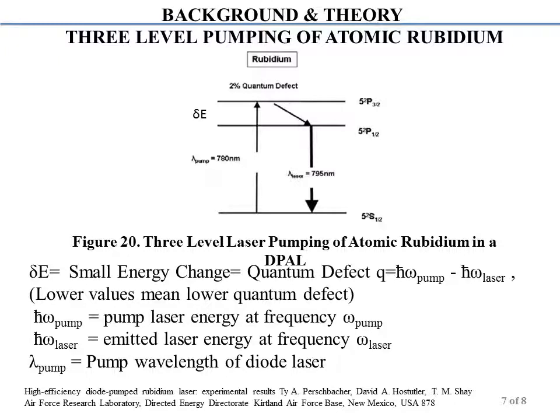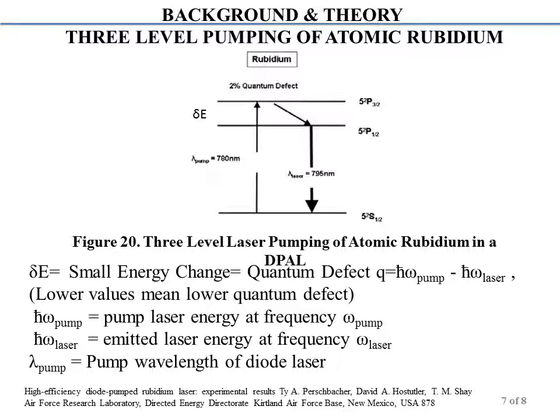The next slide shows a bit of background and theory concerning 3-level pumping of atomic rubidium. Lambda pump is the pump wavelength of the diode laser. It excites the electron up to a higher energy state, the 5p 3/2 orbital.